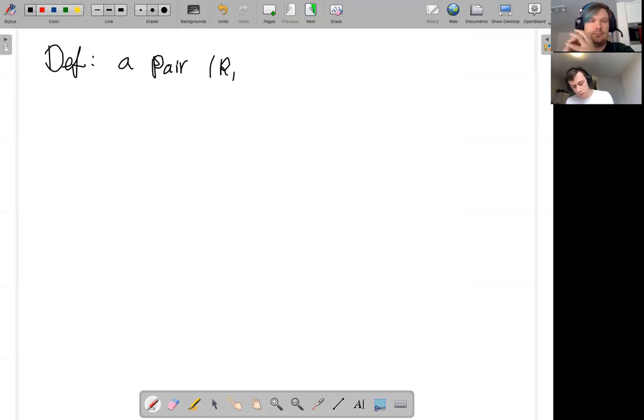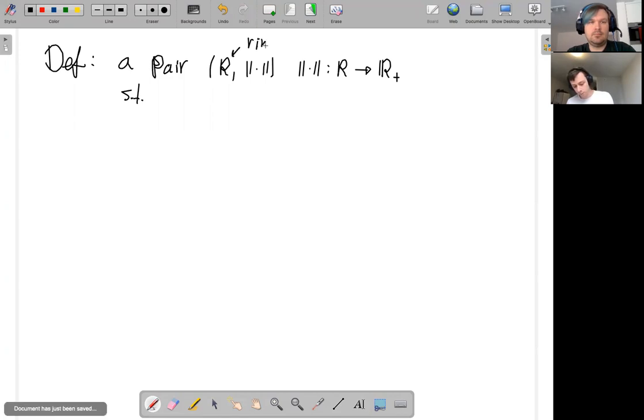This is a pair of a ring and a norm, such that, first of all, the norm of, I'll always write f for a ring element, because we tend to think of them as functions, the norm of something is 0 if and only if the element is 0.